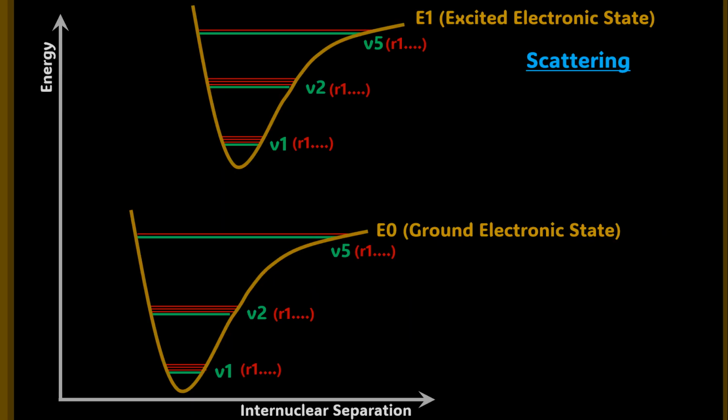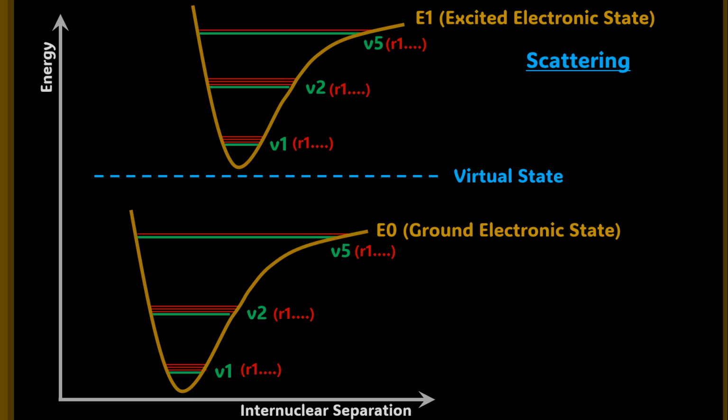Now, if we see the energy level diagram in case of scattering, we can relate that this virtual energy state is actually related to the change in polarizability of the molecule. Since this change in polarizability is not actually a change in energy state of the molecule, that is, it is not causing the molecule to reach any excited state, it is not represented in terms of any quantized energy level.